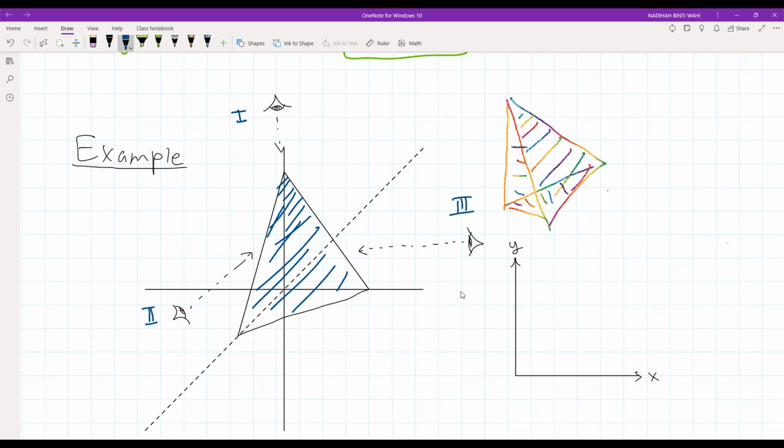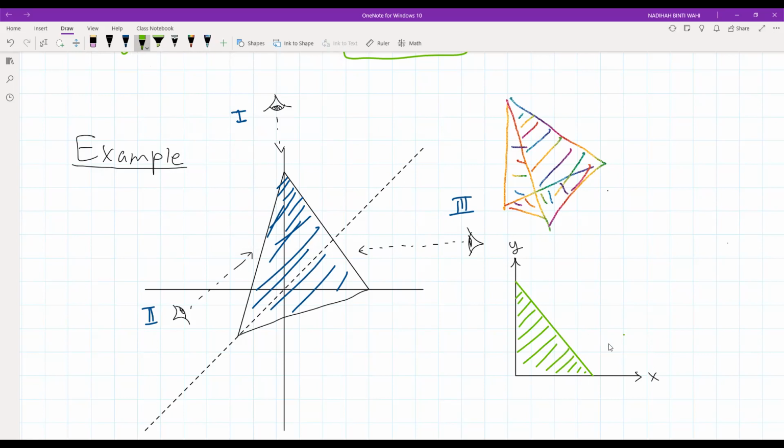If you look at the direction, you are going to see just a triangle like this. And this is the region that it was projected onto. So this is type 1.